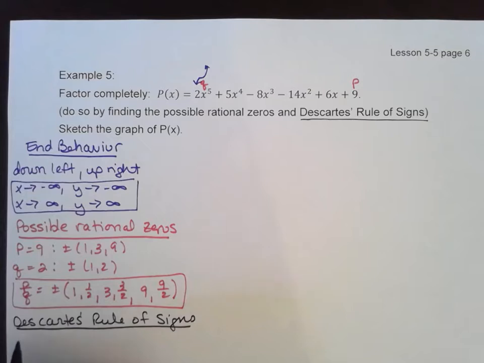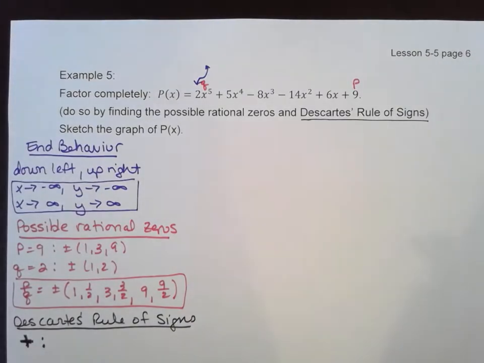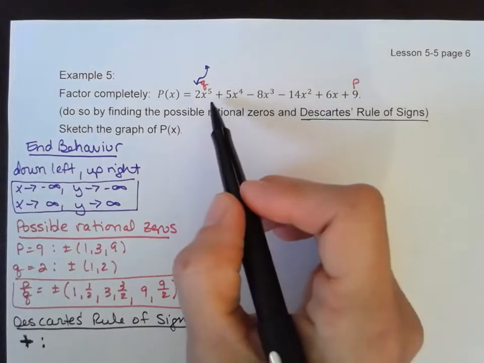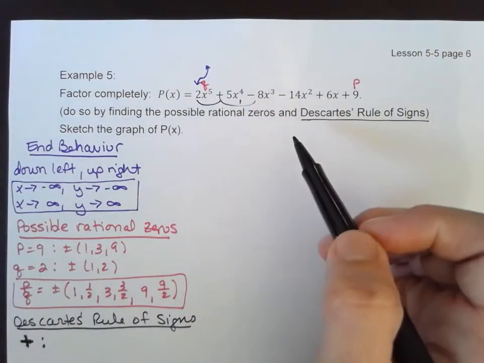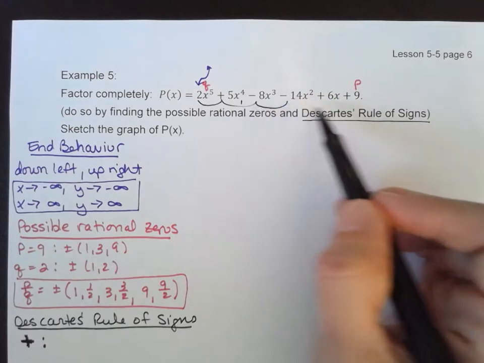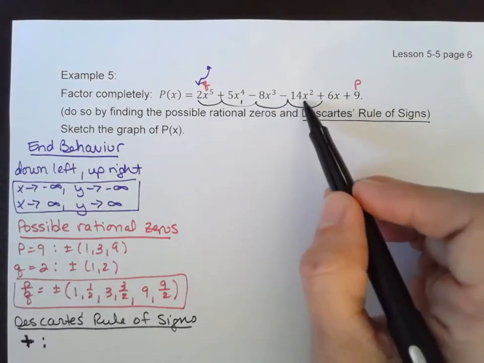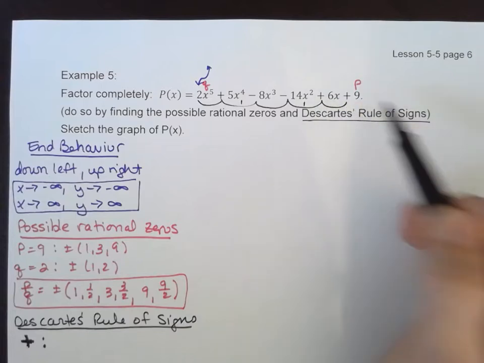So if we want to know the number of possible positive real zeros, we count the number of sign changes in the original function. So this is positive to positive, positive to negative, that's a sign change. Negative to negative, negative to positive is a sign change, and then positive to positive.